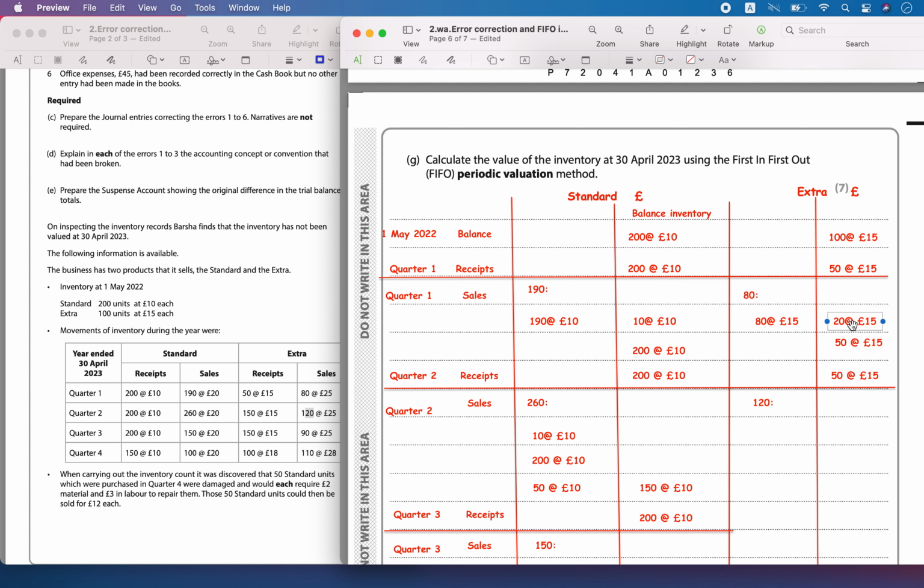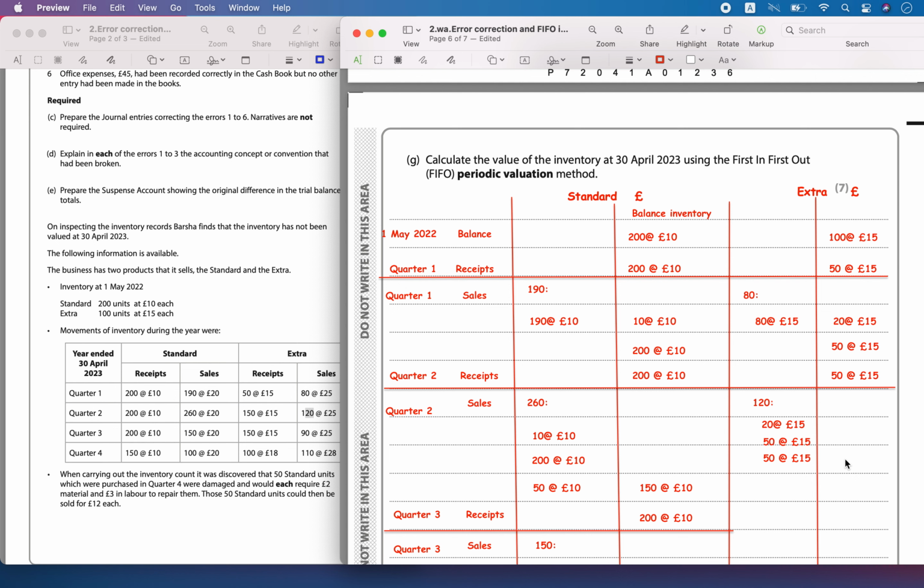So 20 at 15 will be issued, and then you will have 50 at 15. The remaining is 20 plus 50, that is 70, and the remaining 50 has to be issued at 15 pounds.